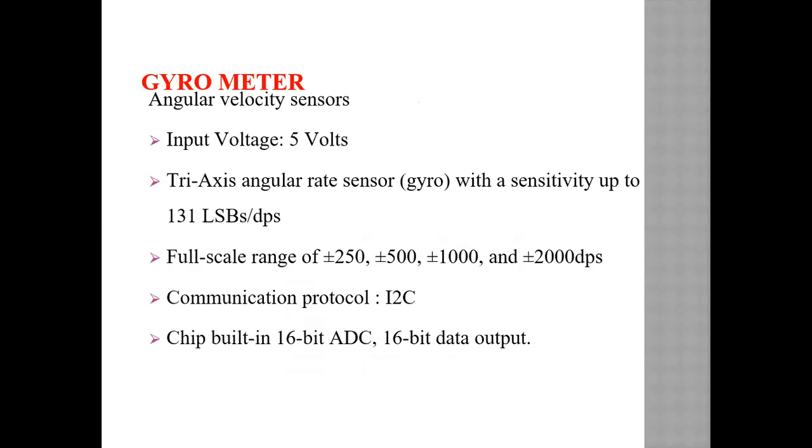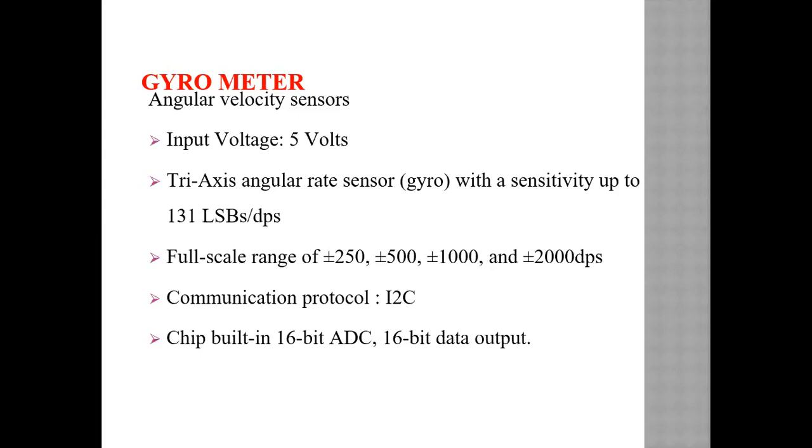Now coming back to angular velocity sensors, which are called gyrometers. Gyrometers find the angular movements and angular variations of a particular point. They are tri-axis angular rate sensors with sensitivity up to 131 LSB, and the full range is given here, and a communication protocol is employed. The chip has a built-in 16-bit ADC and 16-bit data output.